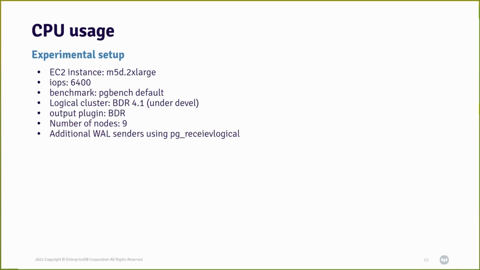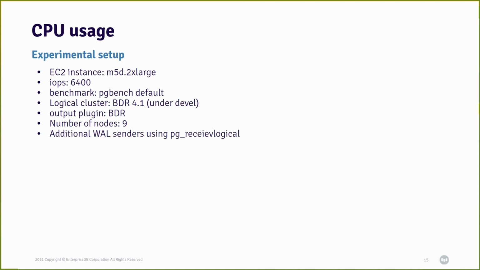So let's start with CPU usage. This is the experimental setup. As I've said, this technology is being developed for BDR. So we used a BDR cluster with 9 nodes, where pgbench was run on one of the nodes, and those changes were replicated to all the other 8 nodes.